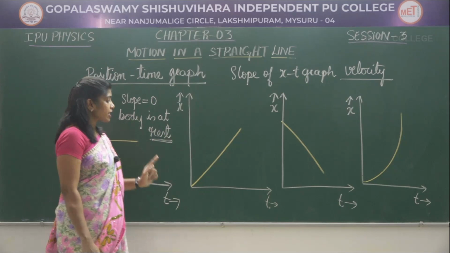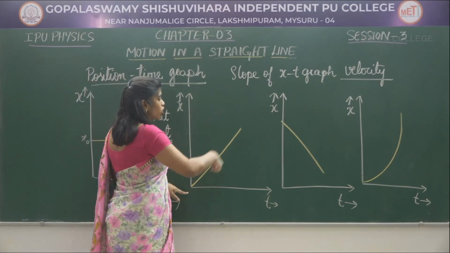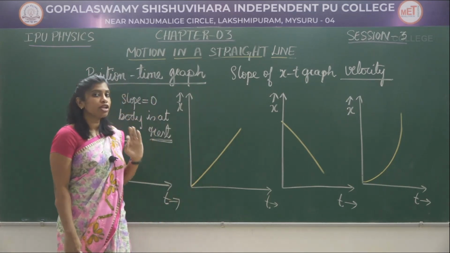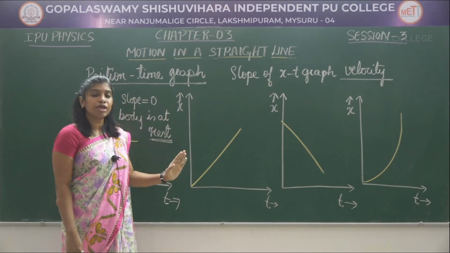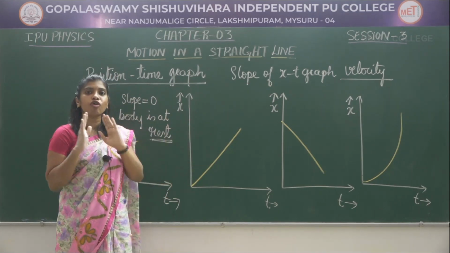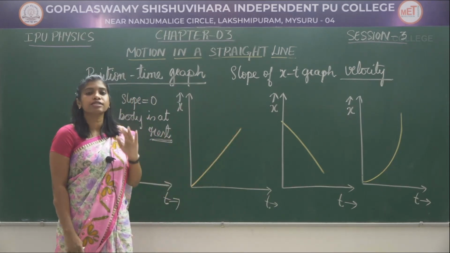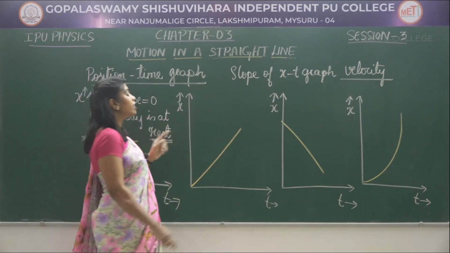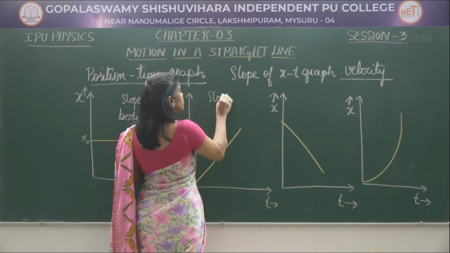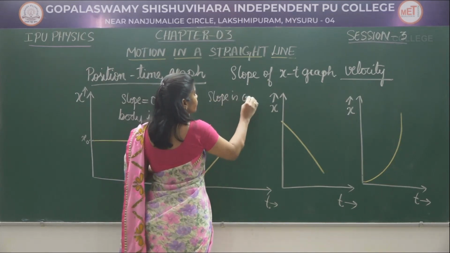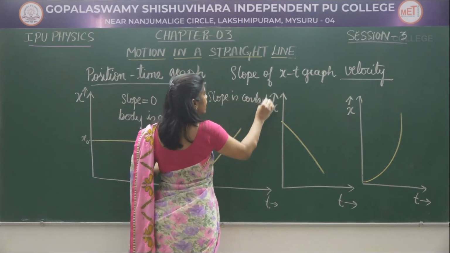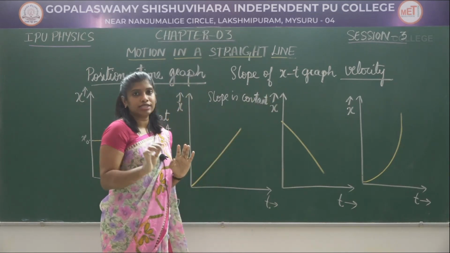Second case. In this second case, you can see we have got a straight line, and you can just look at it and tell me that this is a uniform motion. If we get a straight line, it's a uniform motion, and here the slope is constant, because for a straight line the slope will be constant.